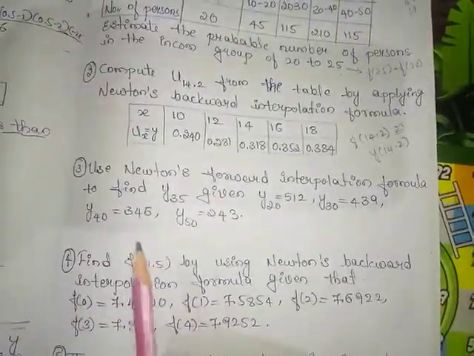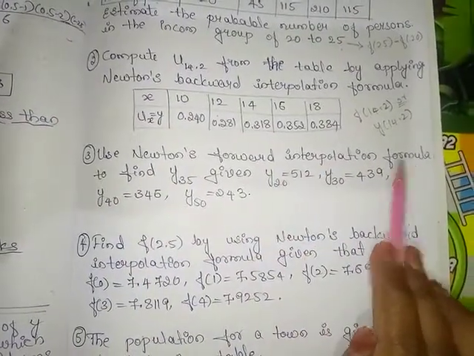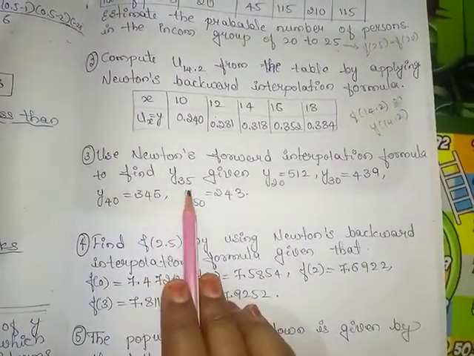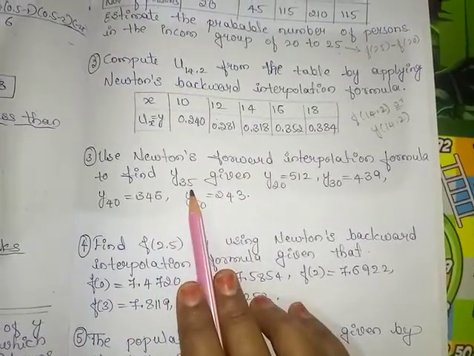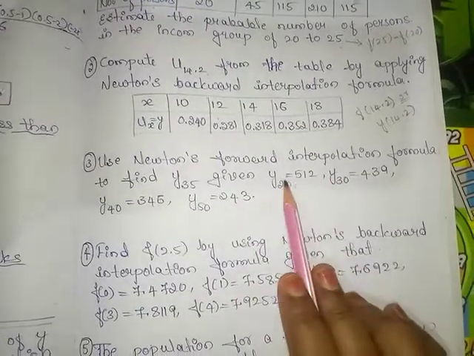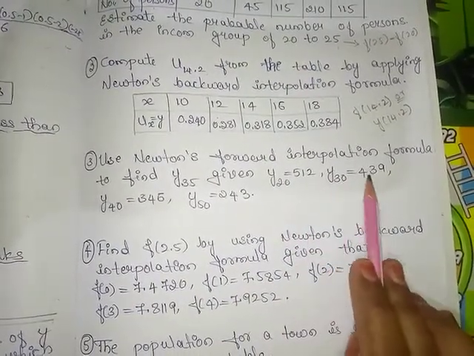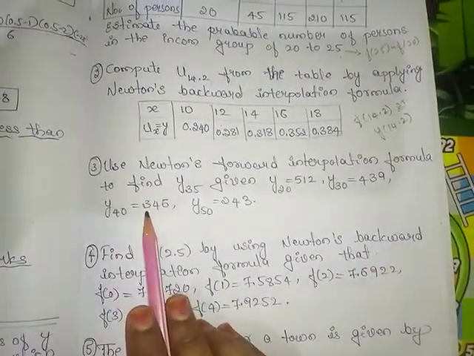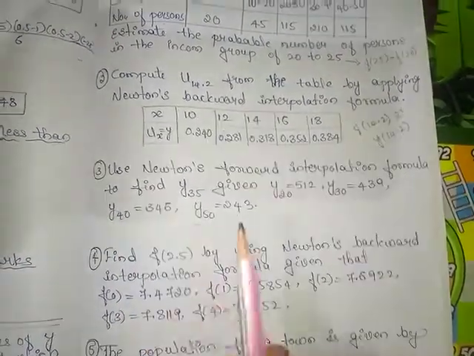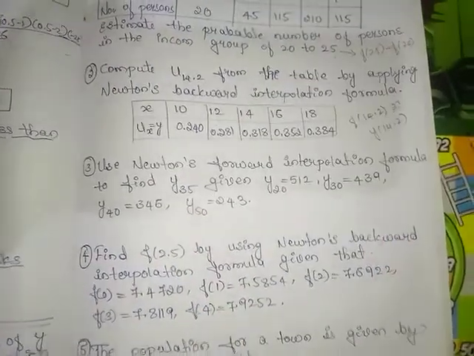Okay, next, use Newton's forward interpolation formula to find y at 35, means the desired value of x is 35. Given y 20 is equal to 512, y 30 is 439, y 40 is 346, y 50 is 243.